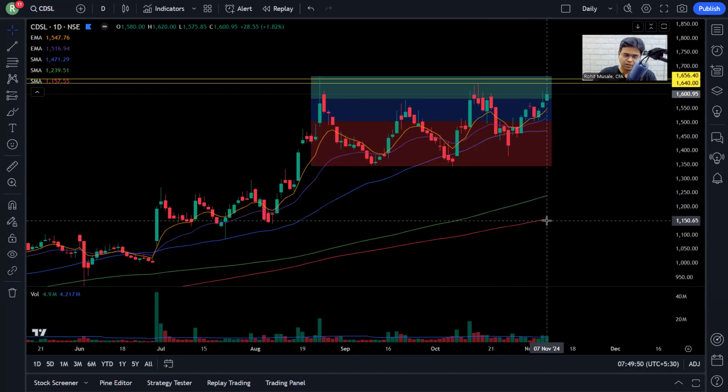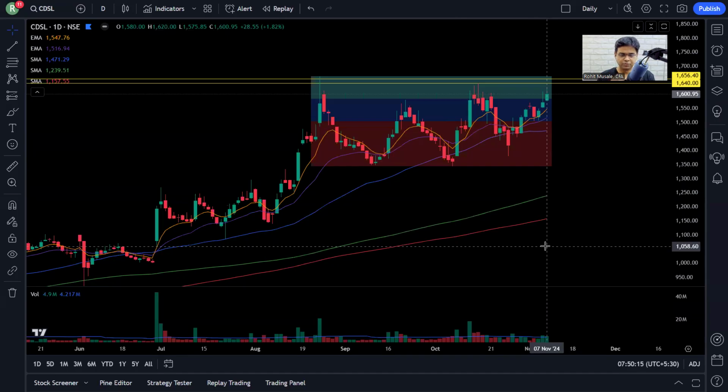Preferably, if both of them are in an uptrend, if the slope is up for at least a month, and the price is above the blue line, the blue is above the green, and the green is above the red, that's a confirmed stage 2 uptrend. You see how simple it is? As long as you have this blue, green, red combination, you are going in with the right stock.